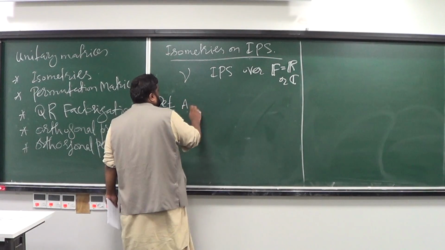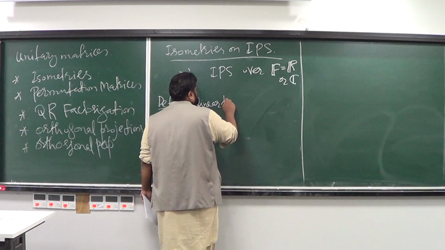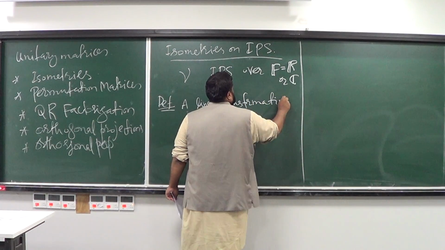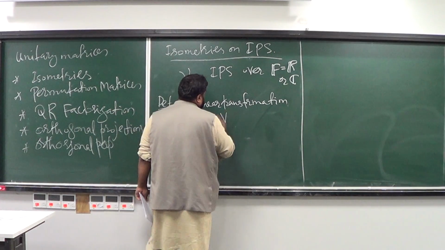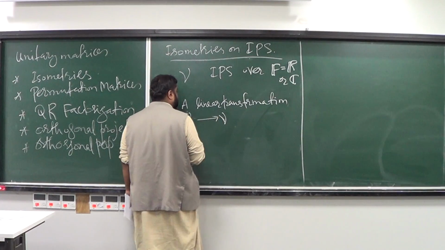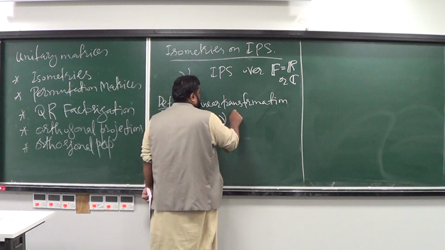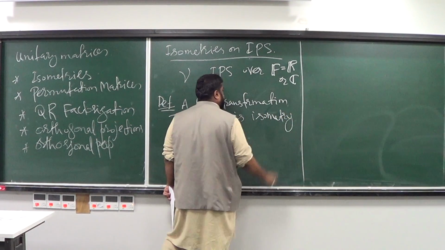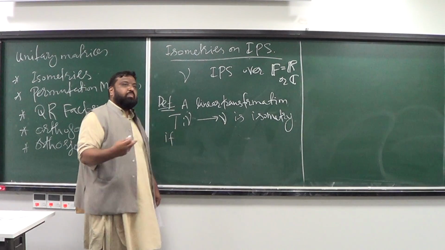A linear transformation T from the inner product space to itself, we're going to call this linear transformation an isometry if it is a size preserving map.